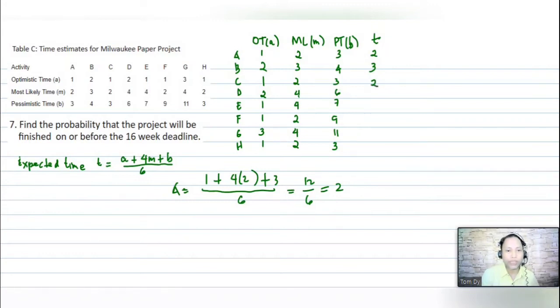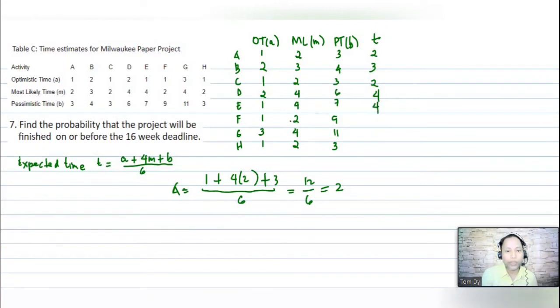4 times 4, 16, 17, 18, 24 divided by 6, that is 4. Okay, and then we also have 4 times 4, 16, 17 plus 7, 24, divided by 6, that is 4.